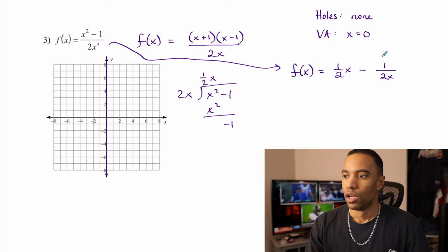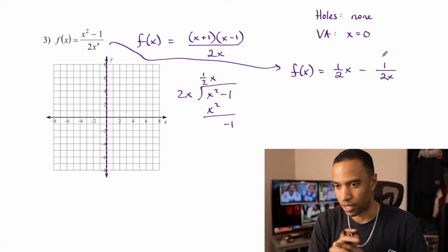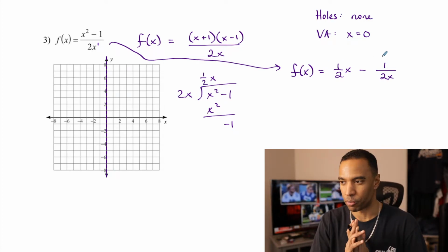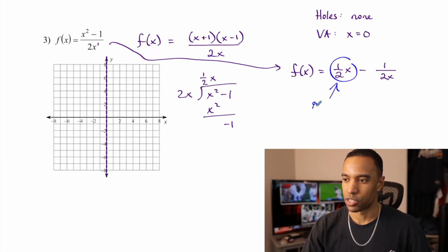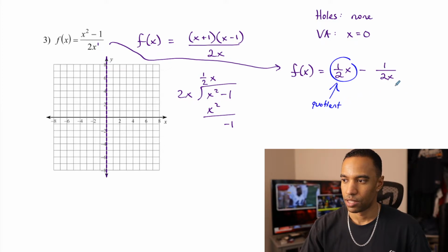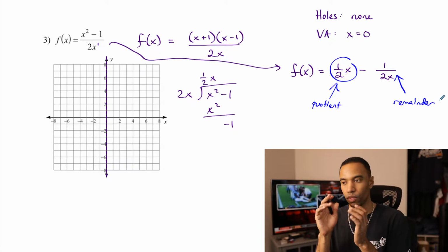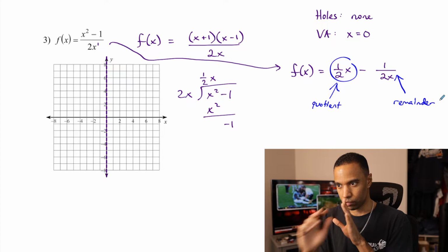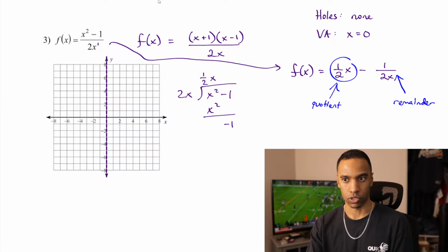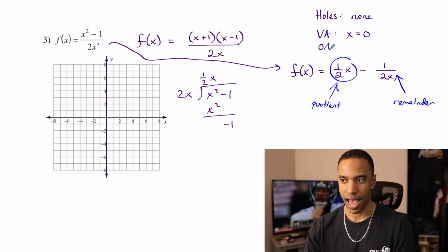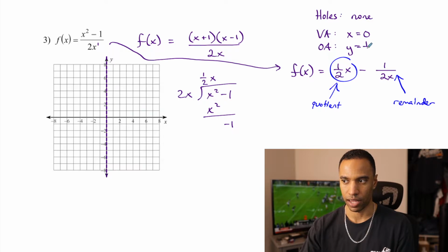All right, so this is the quotient, and the whole thing here is the remainder. All right, here we go. y equals the quotient is where the oblique asymptote is going to be. The oblique asymptote is actually just at y equals 1/2 x.